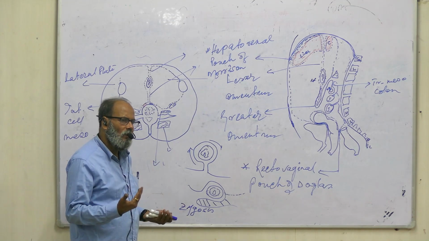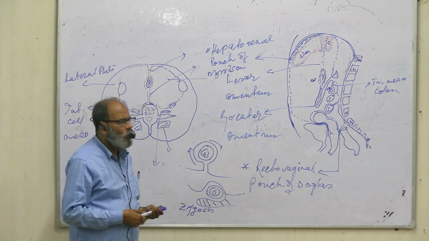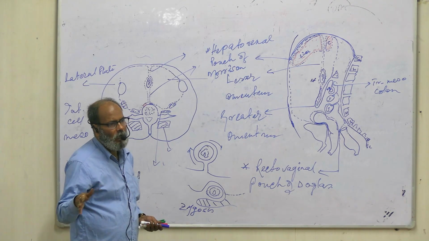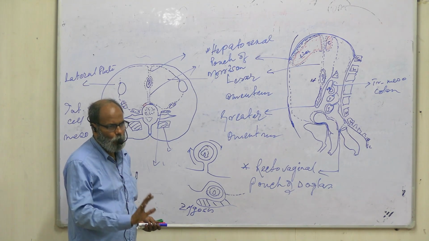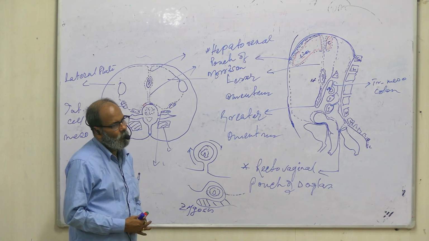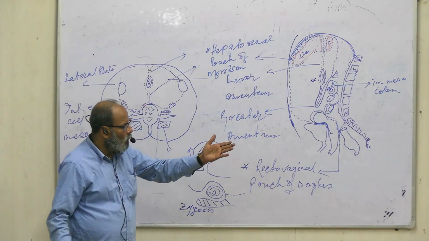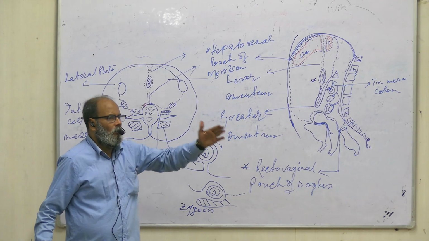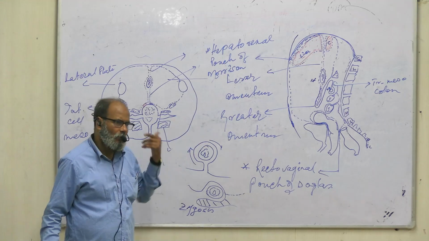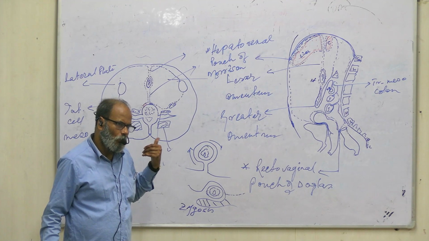Otherwise, it is completely a retroperitoneal structure lying on the psoas fascia and the fascia over the quadratus lumborum. Right? As the parietal peritoneum is attached to what? It's a peritoneal fatty tissue. Yes or no?